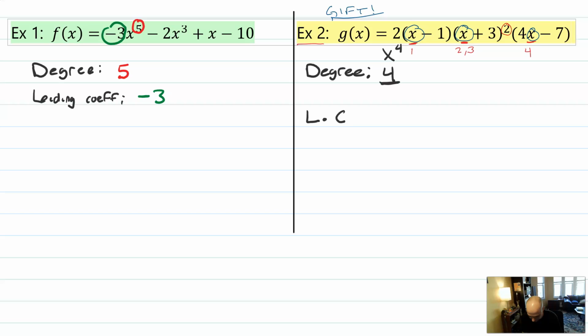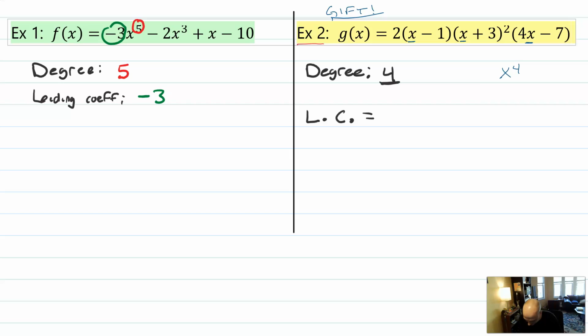The leading coefficient, I'm going to abbreviate that as LC. Again, don't multiply the whole thing out, but think about what would happen if you did. If you did multiply the whole thing out, all of these x terms would get multiplied by each other. That would give us that x to the 4th. But what would be multiplied onto the x to the 4th?